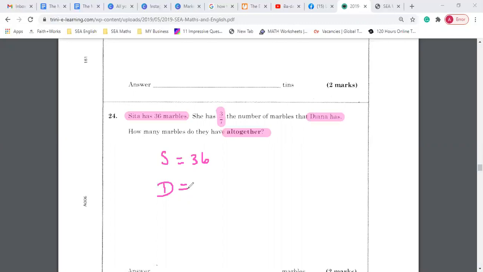All right, what about Khadijah? What did you do to find out how much Diane had? What did you try? I put 36 over 1 and multiplied by 3 over 7.